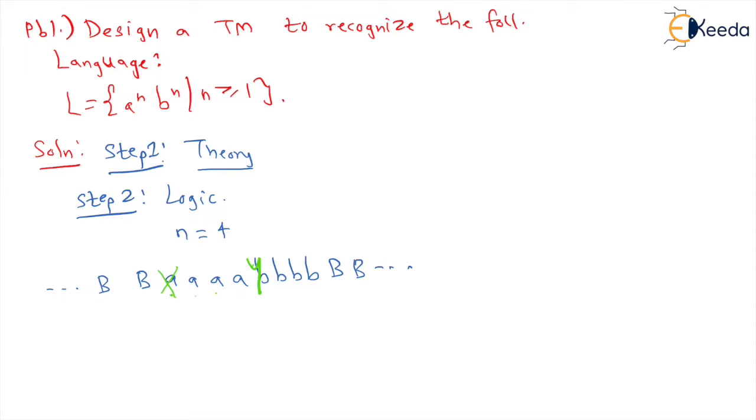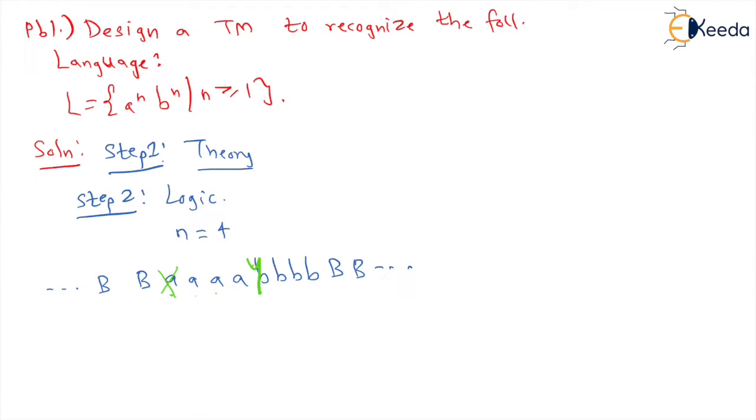The moment you get the first B, you are going to make it Y and take a left turn. Once you take a left turn after making the first B as Y, you are going to have a small a as the input. When you get a small a, you keep it as A and move to the left. Another small a, keep it as A and move to the left.